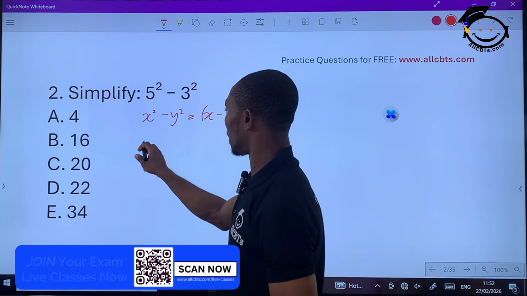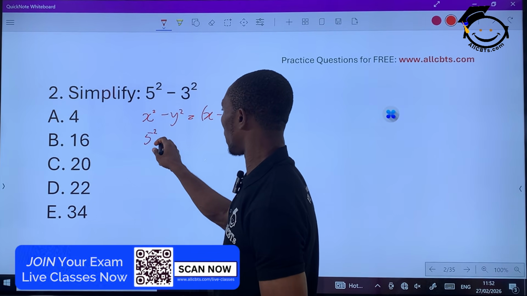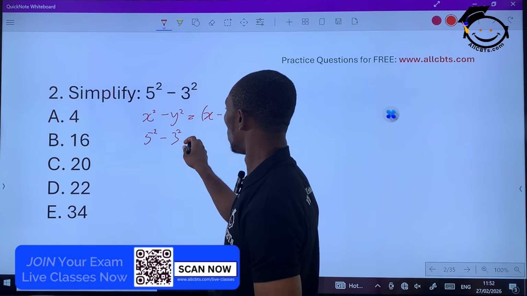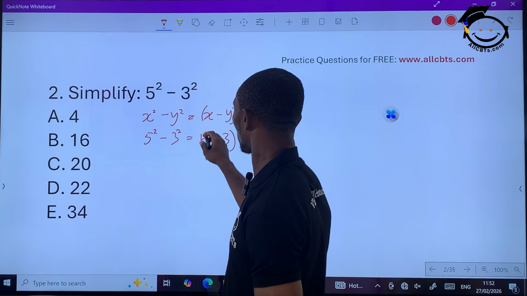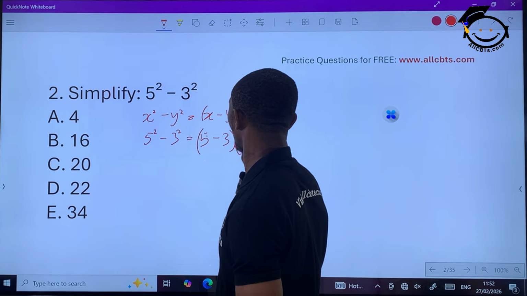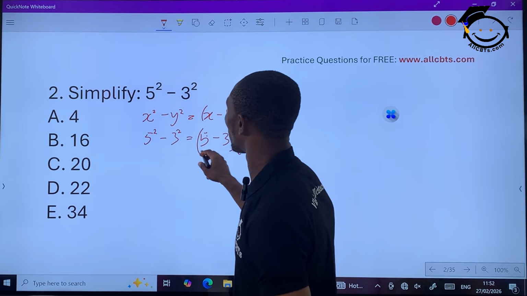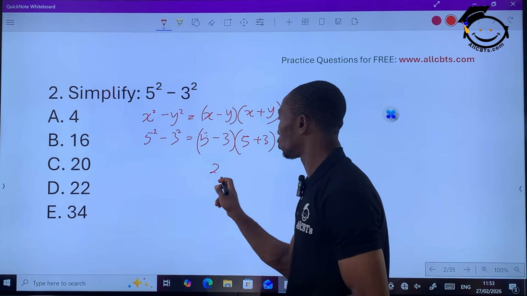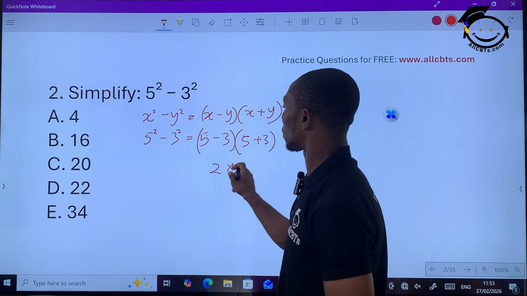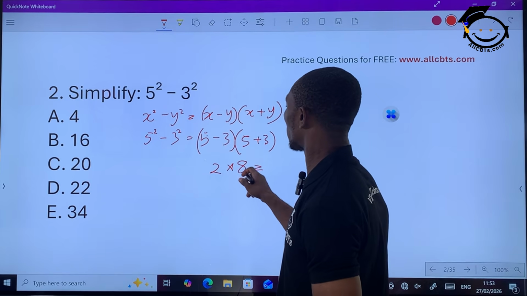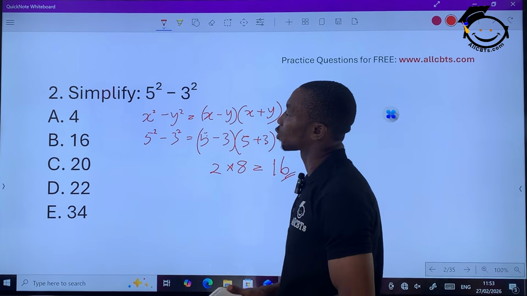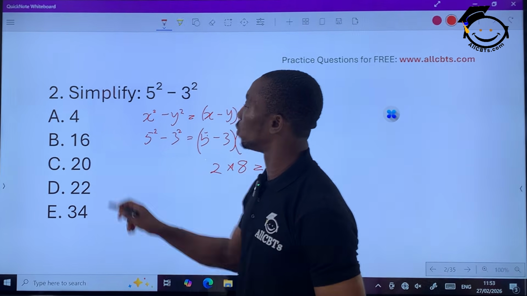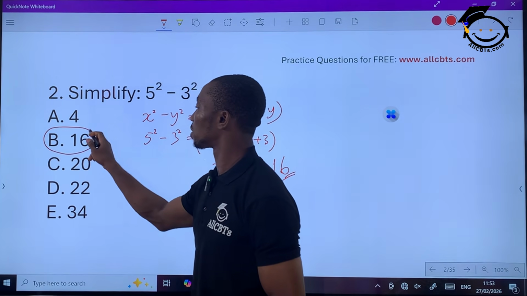So in this case, 5 squared minus 3 squared gives us 5 minus 3 and 5 plus 3. Now 5 minus 3 gives us 2 and 5 plus 3 gives us 8. 8 times 2 gives us 16. So our 5 squared minus 3 squared would be 16.